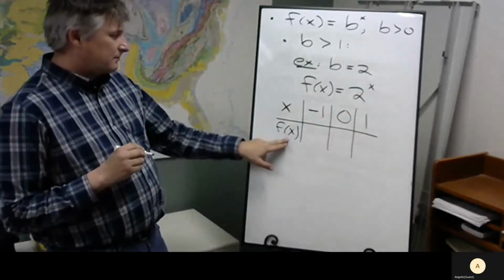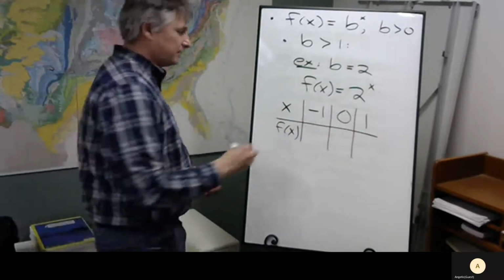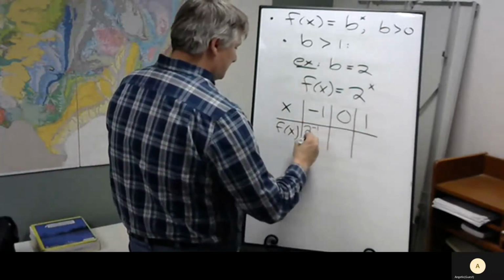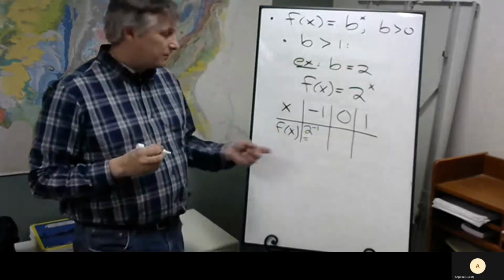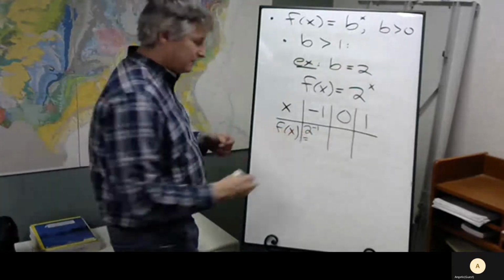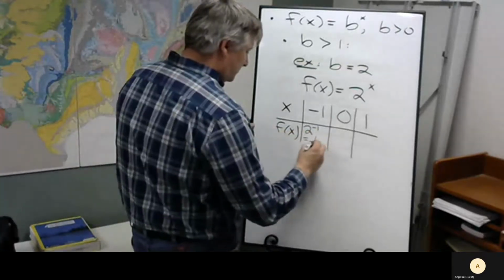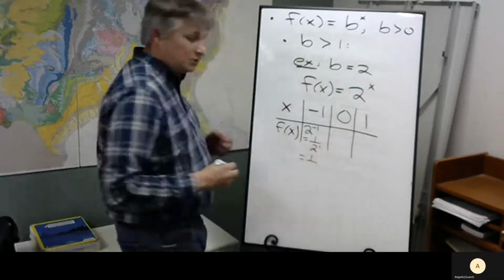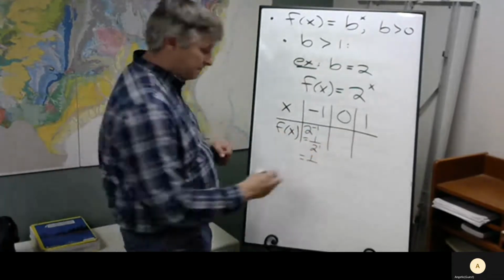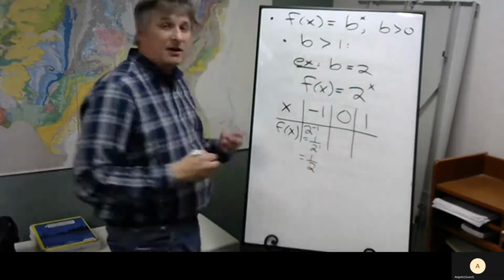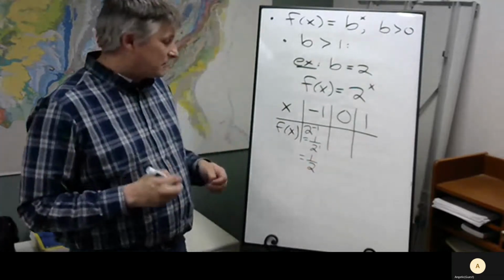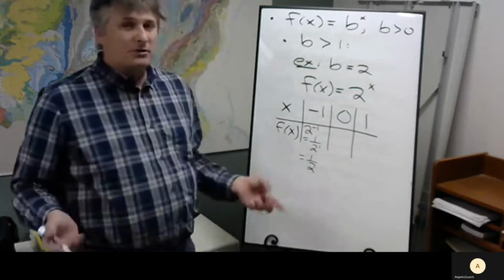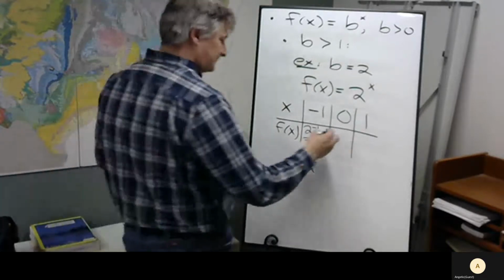So for this one, when x is -1, f of x will be 2 to the -1. And remember, with our negative, we flip it. So it's 1 over 2 to the 1. And 2 to the 1 is just 2. Try this out on your calculator, and you'll come up with just 2. Now, another one you can try on your calculator.